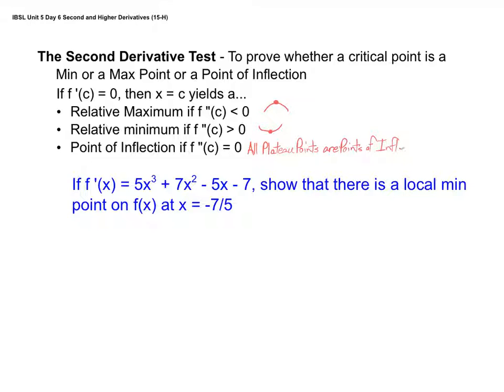The converse of this is not true. Not all points of inflection are plateau points, as we saw in the previous cubic function.